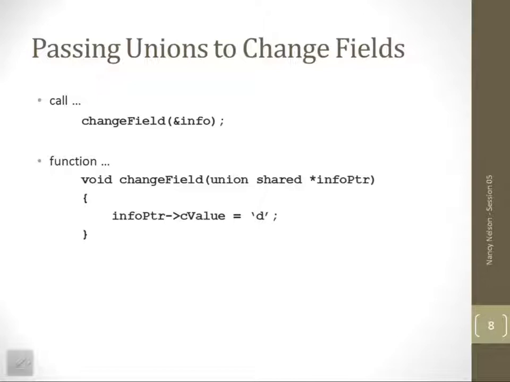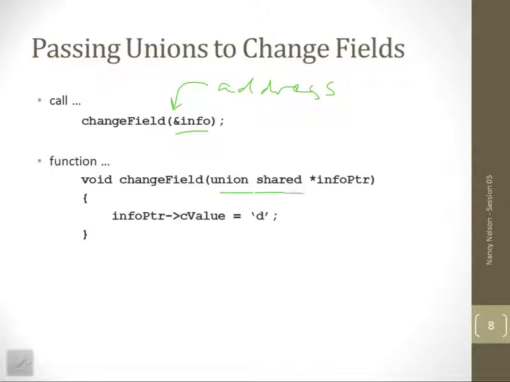If, on the other hand, we want to pass that union in order to be able to change the fields, we're going to pass in the address of the union. Remember that address operator that we've been using with scanf? Well, we're going to use that here.